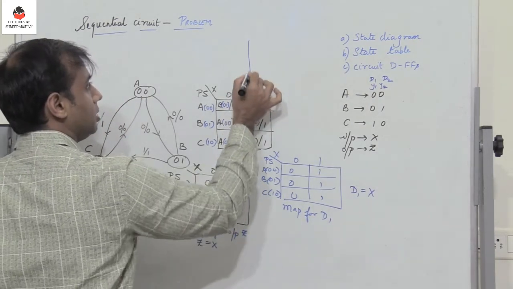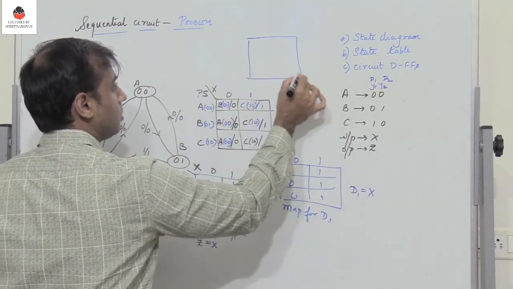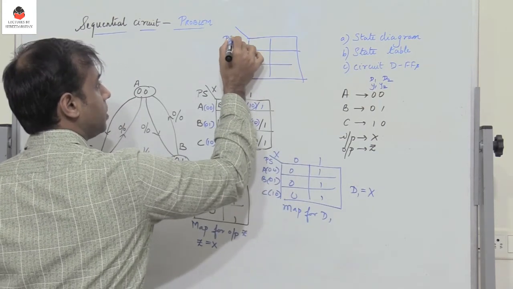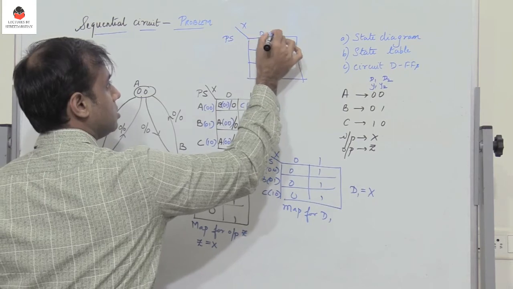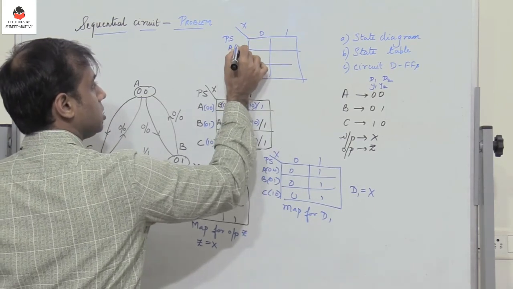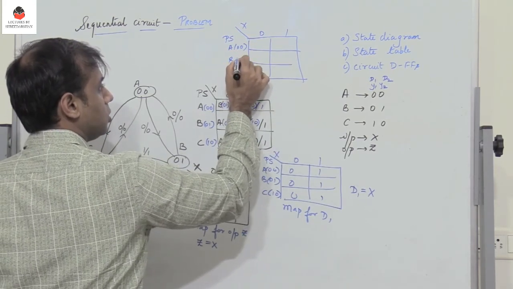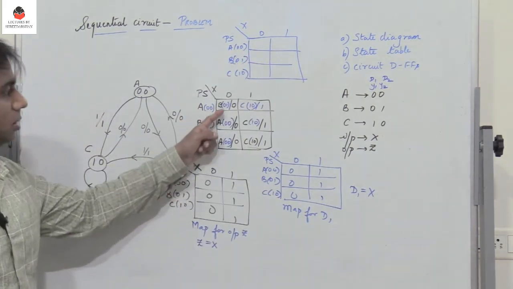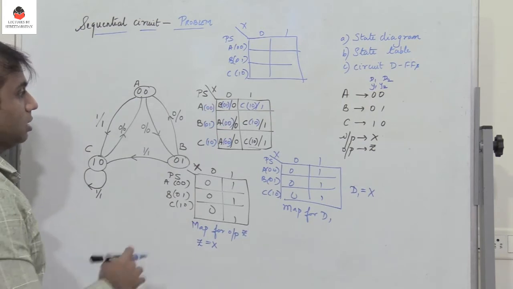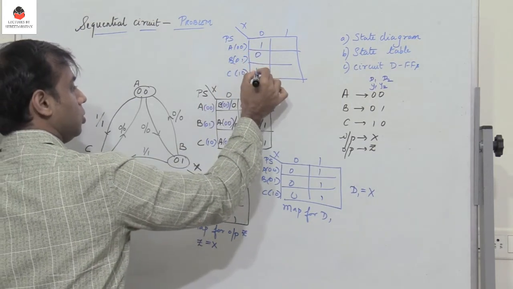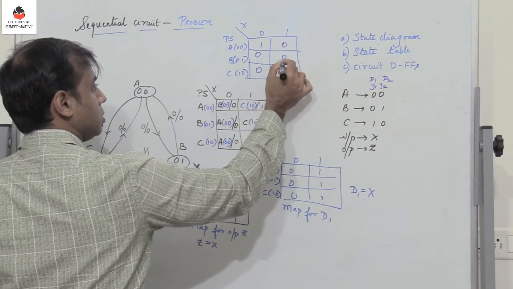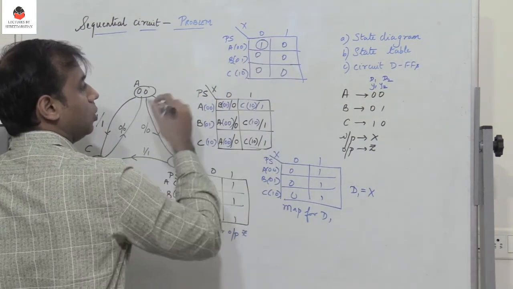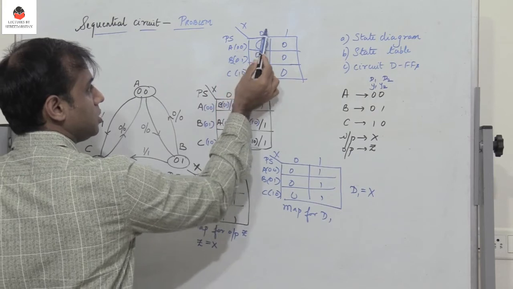Now we also need to do a similar mapping for D2. Again we consider the present state, input X, 0, 1, A, which is 0, 0, B, which is 0, 1, C, 1, 0. I need to consider the second bit within the bracket: 1, 0, 0, 0, 0, 0. So this is 1 only for the combination 0, 0, 0.